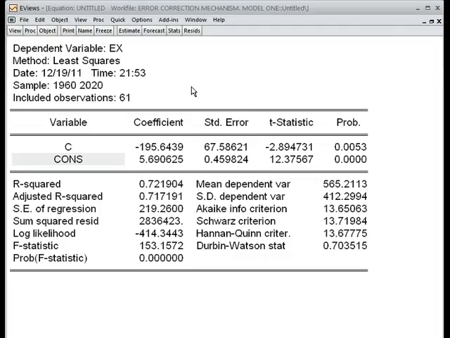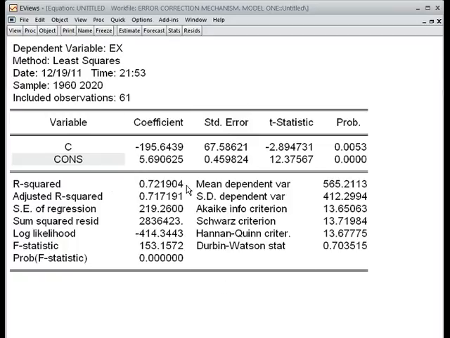I am telling again, when the residual of this model becomes stationary, it means that Ex and cons are co-integrated, meaning that they have a long-run relationship. That means the whole model is a long-run model.